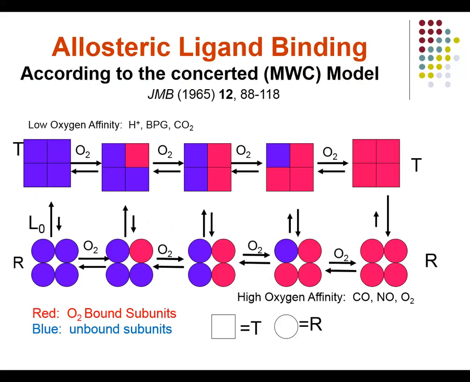Examples of this are protons, 2,3-BPG, and carbon dioxide. Conversely, anything that preferentially binds the R state is going to increase the oxygen affinity of the hemoglobin. In this case, small molecules that bind the heme group, like carbon monoxide, nitric oxide, and molecular oxygen, will preferentially stabilize the R state.